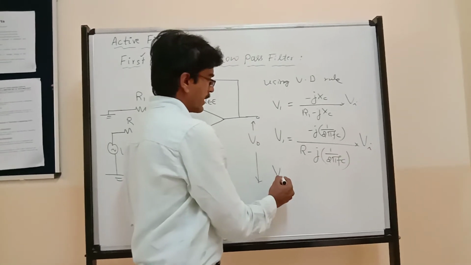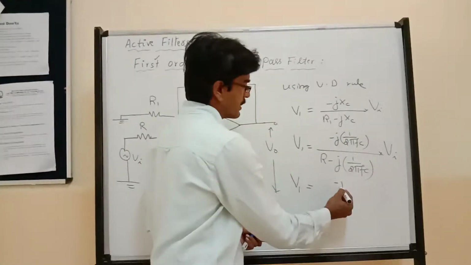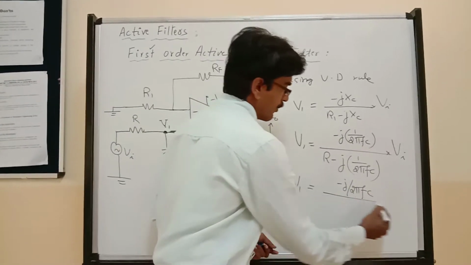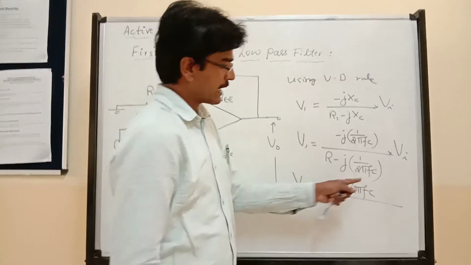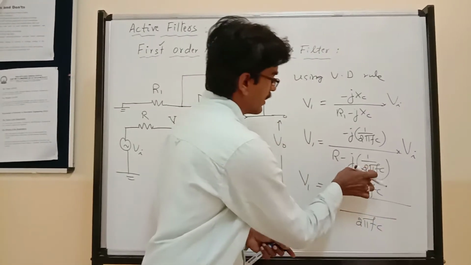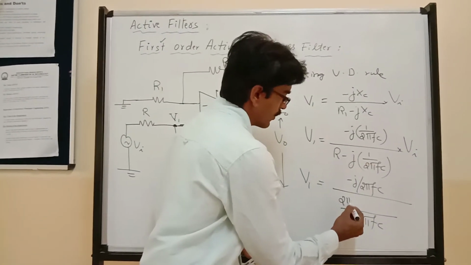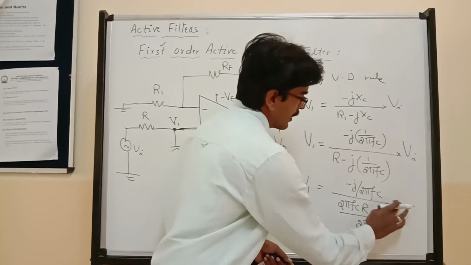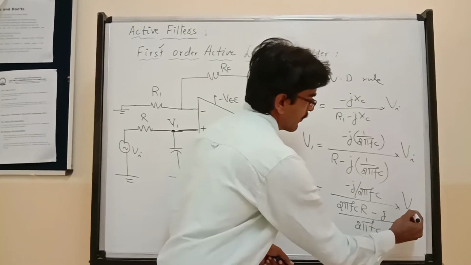So that is V1 is equal to minus j divided by 2 pi FC, divided by, if I take the LCM here, that is 2 pi FC is the LCM, then it becomes 2 pi FC into R minus j, into Vi.